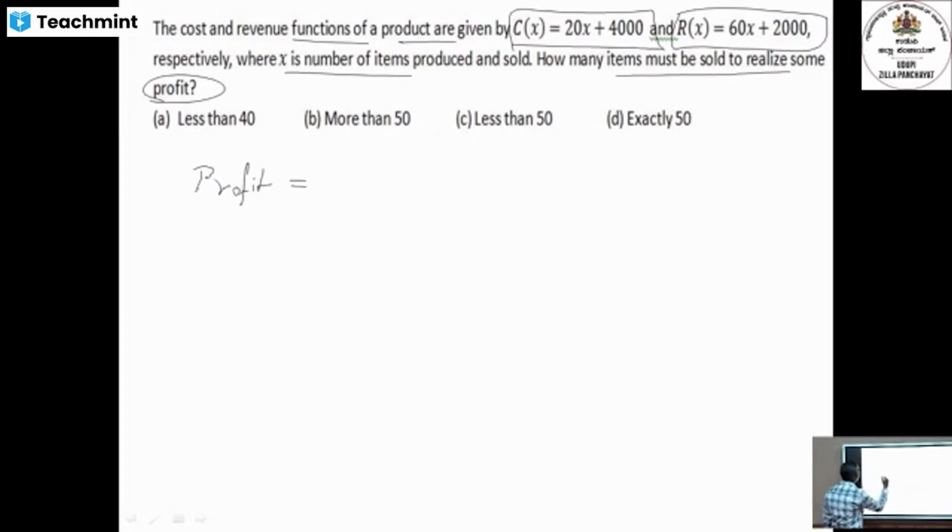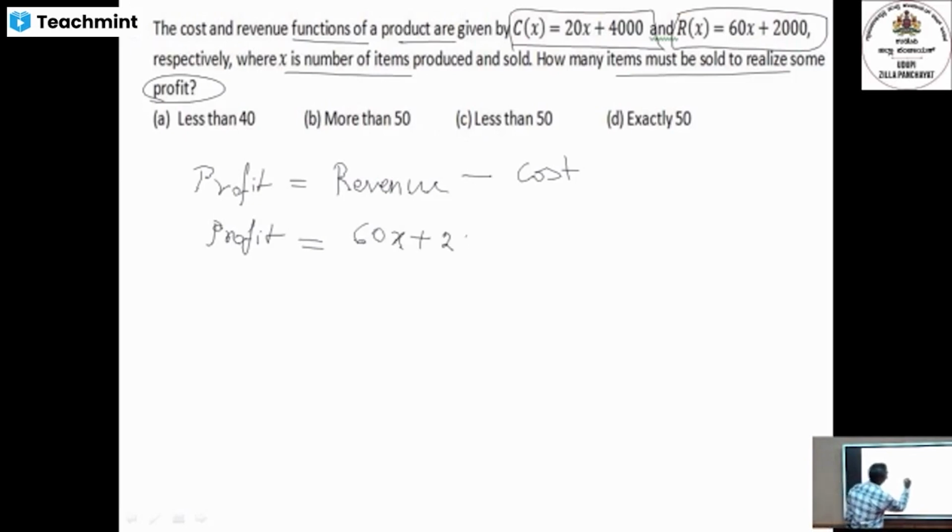Profit is equal to, so he is getting some revenue, and he has spent something on cost, so the cost must be subtracted. So revenue minus cost will give you the profit. So let us see what profit comes to. Profit is equal to revenue, that is 60x plus 2000, minus cost, which is 20x plus 4000.